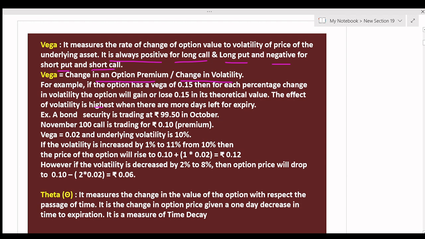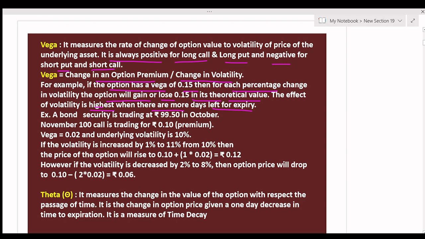For example, if the option has a Vega of 0.15, then for each percentage change in volatility, the option will gain or lose 0.15 in its theoretical value. The effect of volatility is highest when there are more days left for expiry.